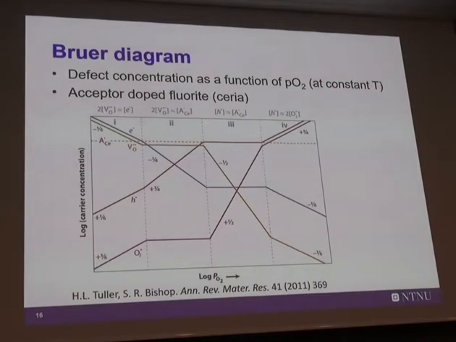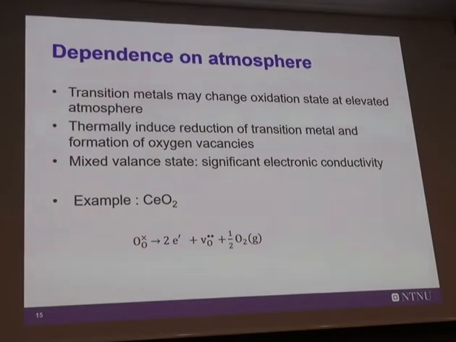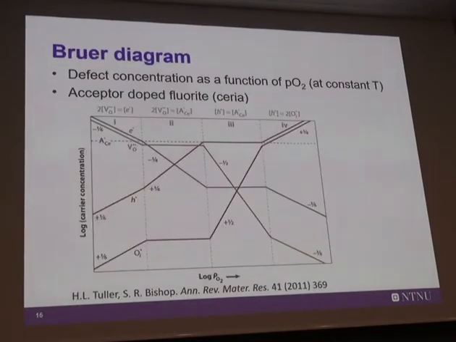If you go to very, very reducing conditions, where this point defect equilibrium is really dominating, you see that the two dominating point defects are the electrons and the oxygen vacancies, which were formed from this equation here.